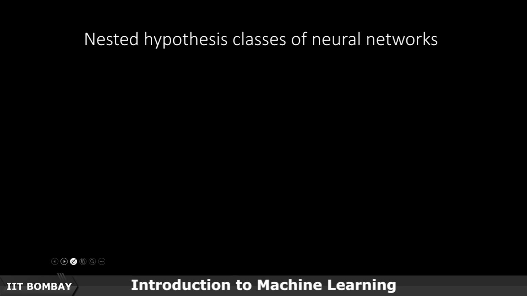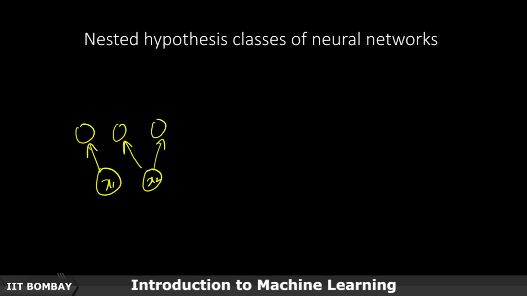Okay. So now let's look at neural networks. Neural networks form nested hypothesis classes when we change the number of hidden neurons. So let's say you have x1 and x2 as two inputs, and then I have 3 hidden neurons, and then they combine to give me a classification.